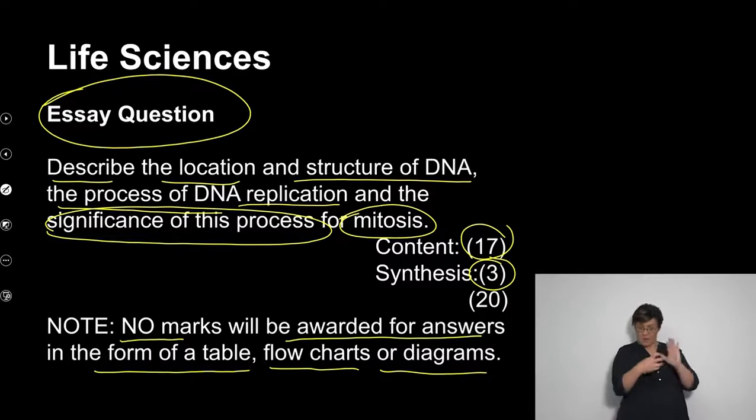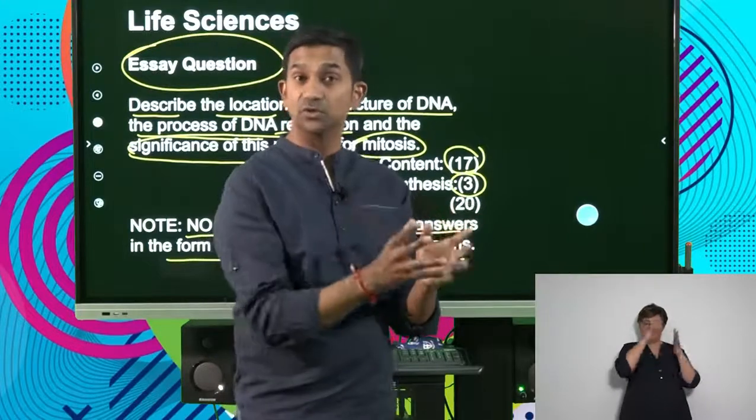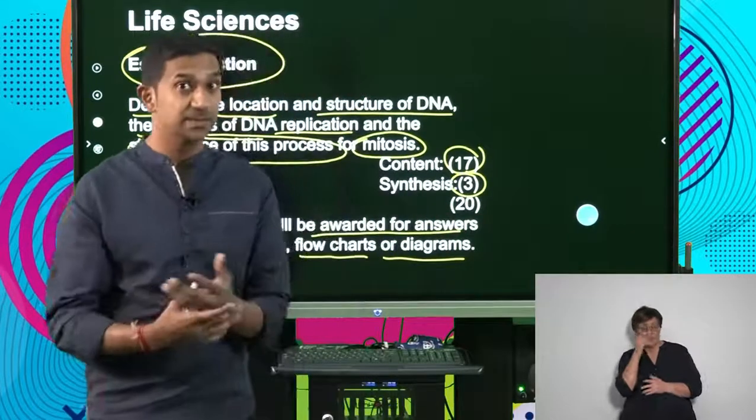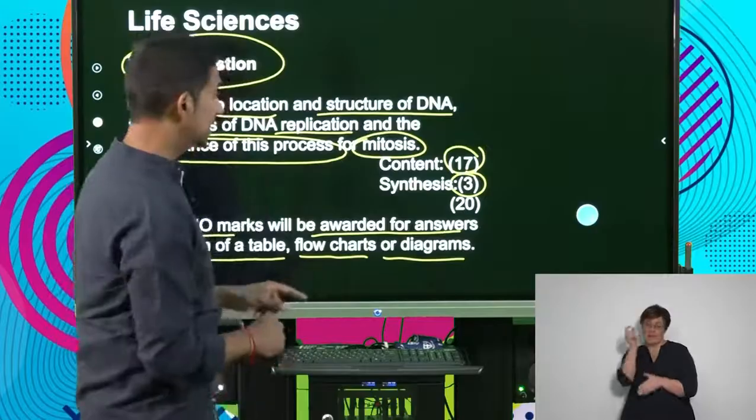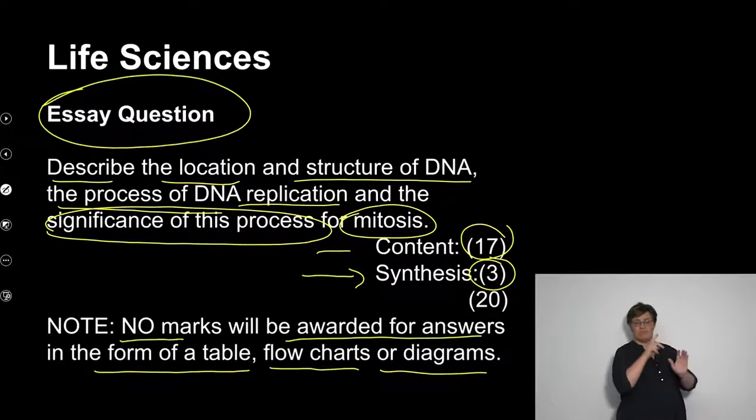Unfortunately, you will not be given the mark for having a diagram that illustrates the process of replication. So yes, it's important to use diagrams to understand the process, but in the essay, it's important that we look at how content is synthesized into, in this case, the process of DNA replication.